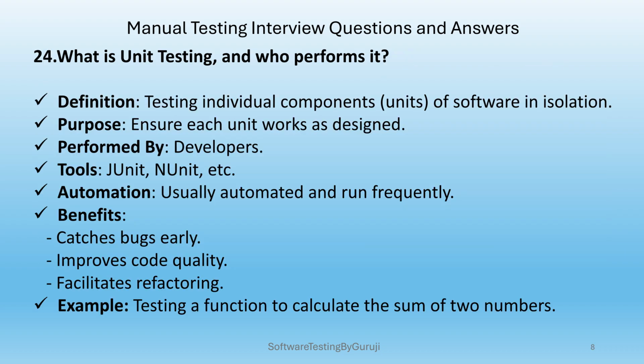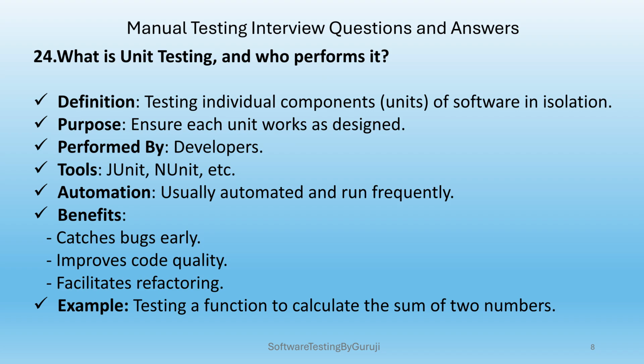What is unit testing and who performs it? Definition of unit testing: testing individual components, units of software in isolation. So in our development code, we will test the units of the code. Unit testing purpose is to ensure each unit works as designed, performed by developers.